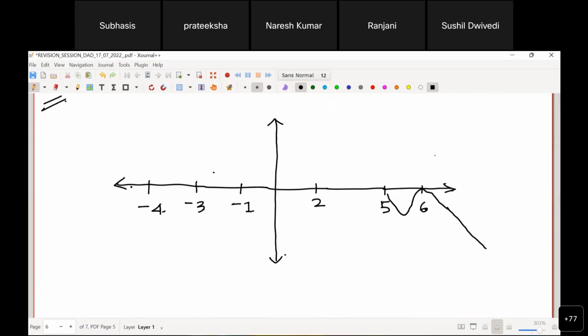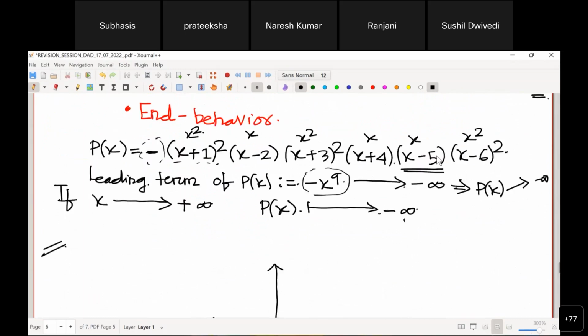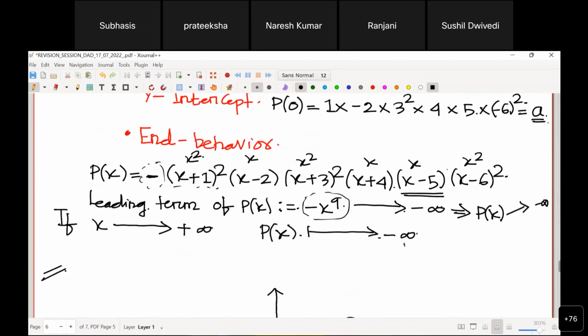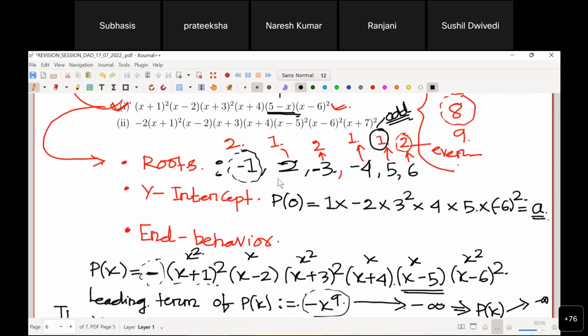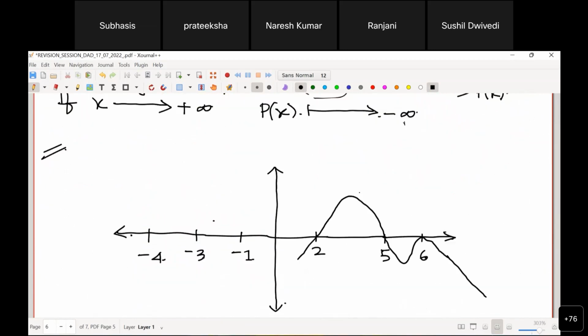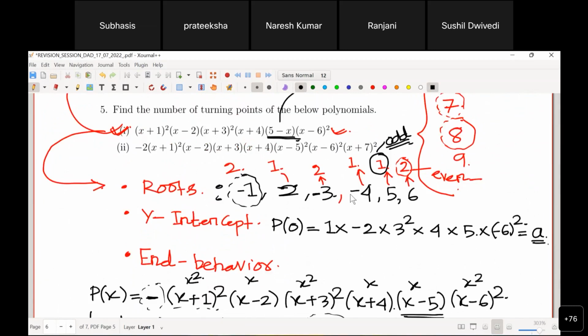Again it will come to 5, and the multiplicity of 5 is 1, so it will cross and come to 2. The multiplicity of 2 is 1, right? So it will cross and cross the y-intercept, and go to -1, and the multiplicity of -1 is 2.